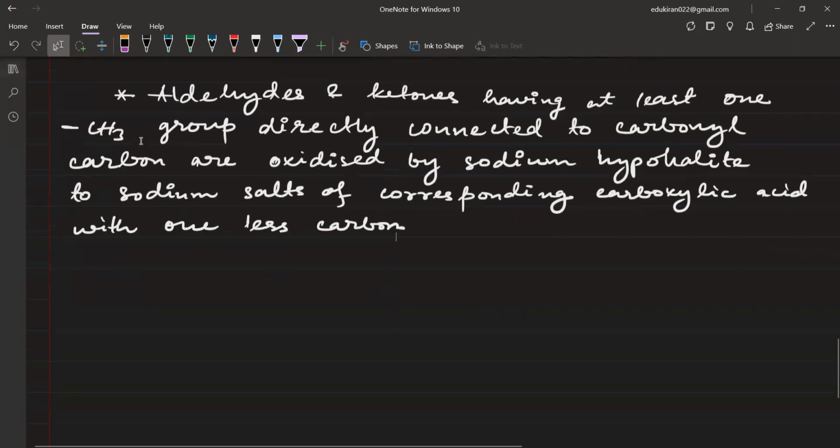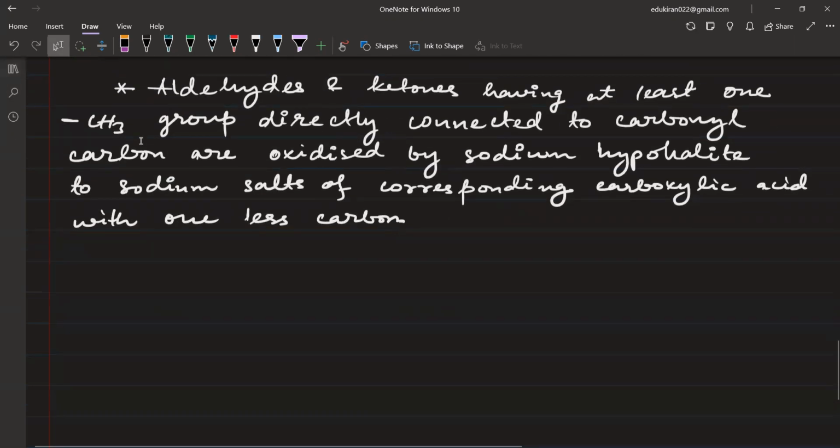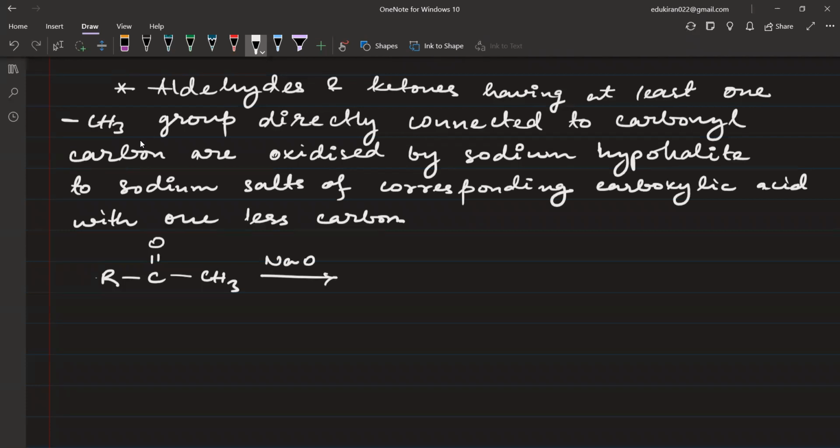Please remember this. Now, what is the reaction? Let us suppose R, C double bond O, and CH3. This R can be either carbon or hydrogen. When it is hydrogen, it will be an aldehyde. When it is carbon, it is going to be a ketone. So I react this with sodium hypohalite, NaOX.